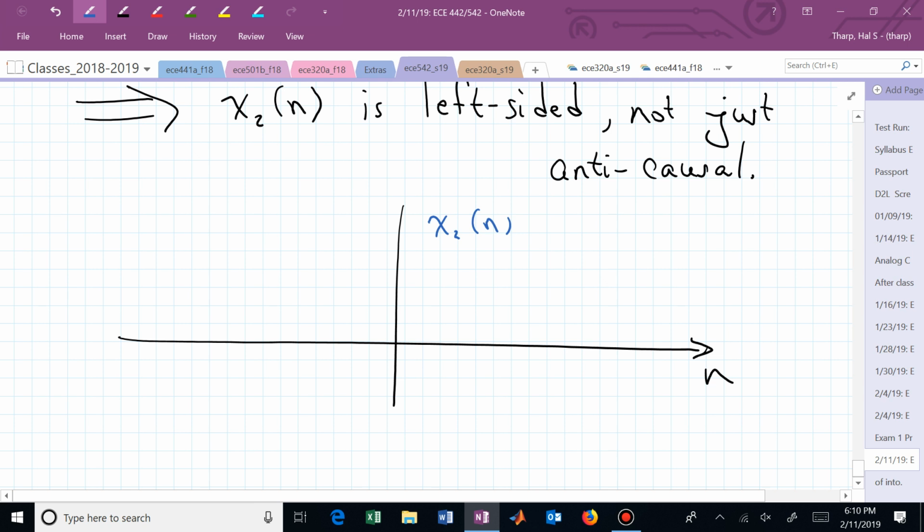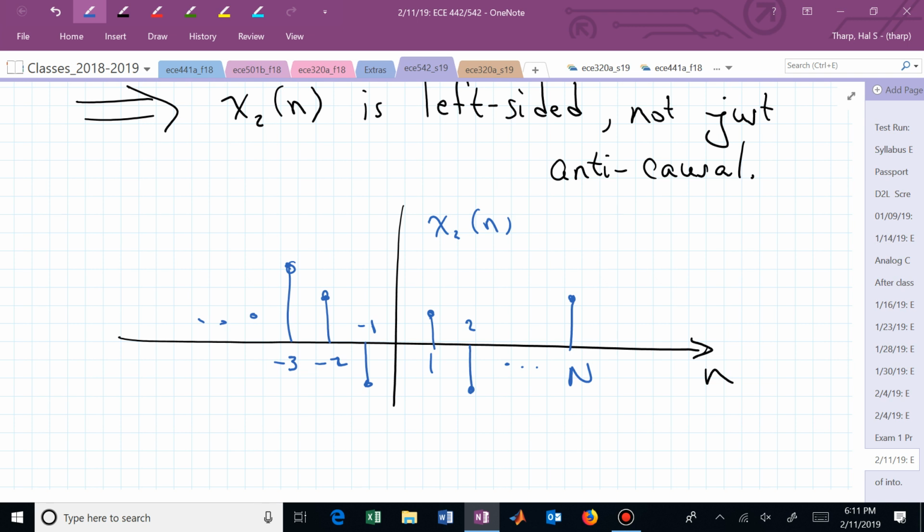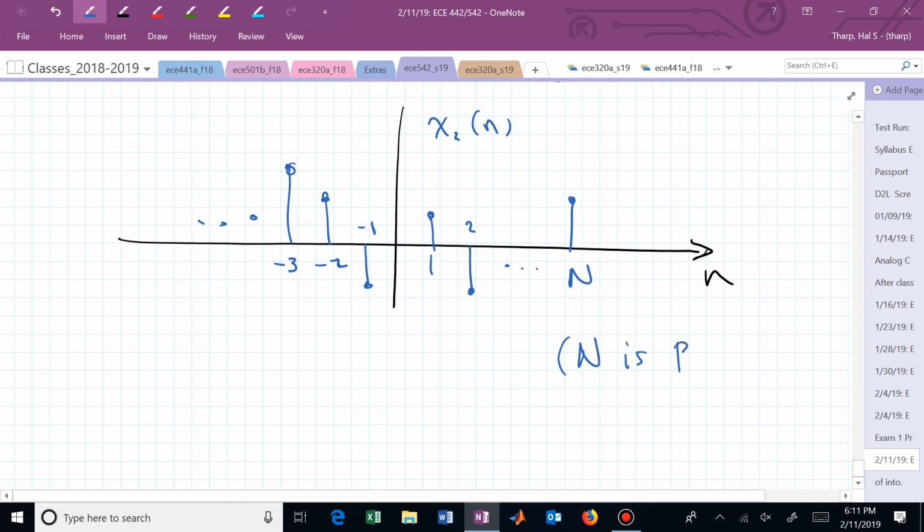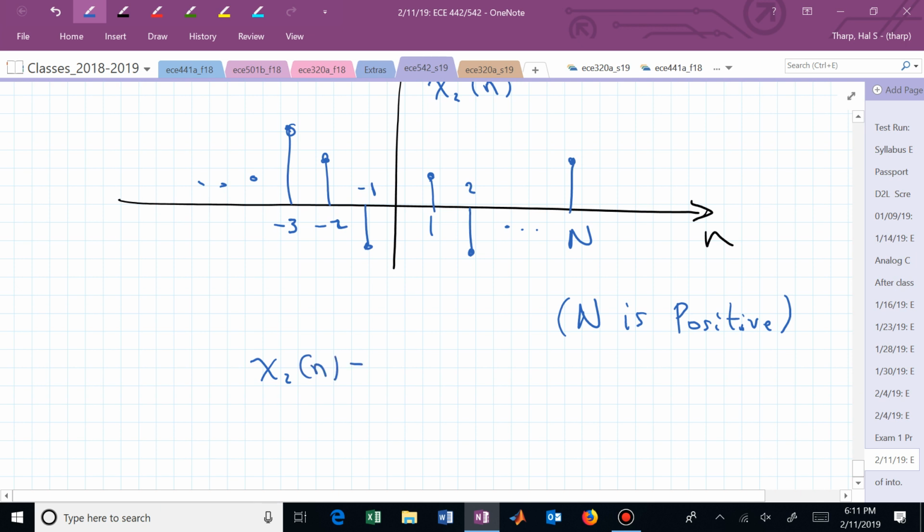If it was non-causal or anti-causal before, it was something over here for -1, -2, -3, etc. And now we're allowing for something to go all the way up in the positively indexed location to capital N, where n is positive and x sub 2 of n is equal to 0 when little n is, let's say, greater than capital N.